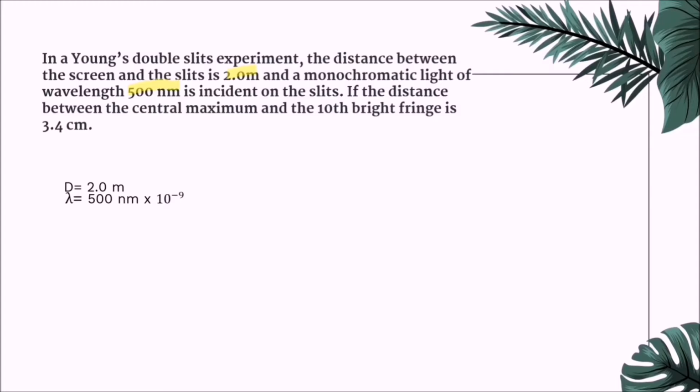So we're going to convert the nm into m. So 500 nm times 10 to the power of negative 9. So it is incident on the slits. If the distance between the central maximum and the 10th bright fringe is 3.4 cm, so our m is 10 and our y10 is 3.4 cm.